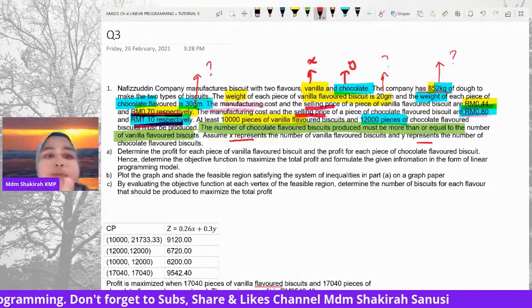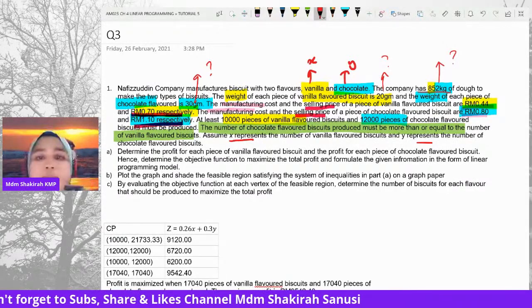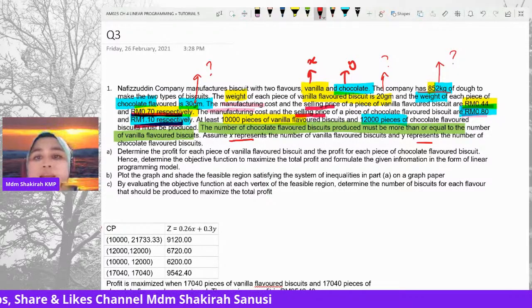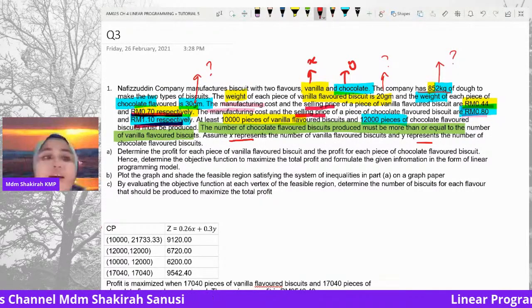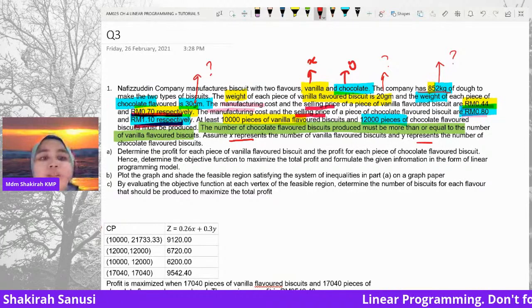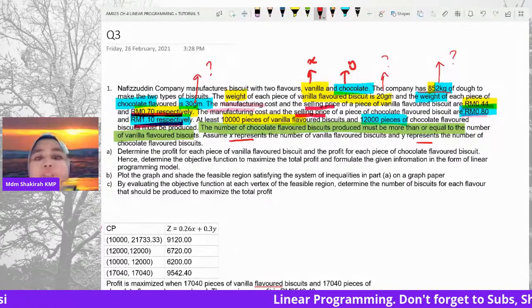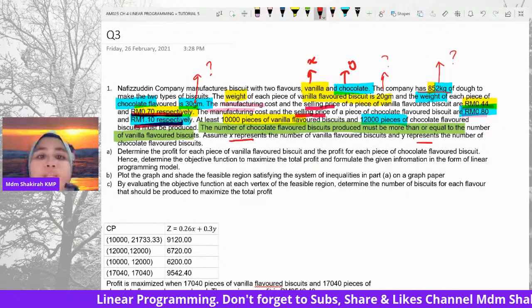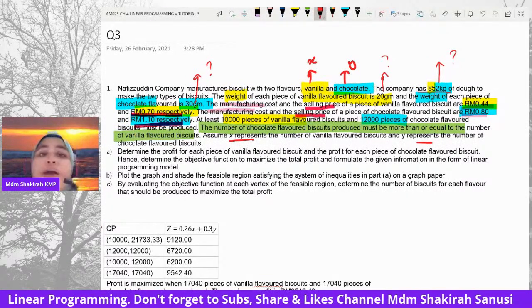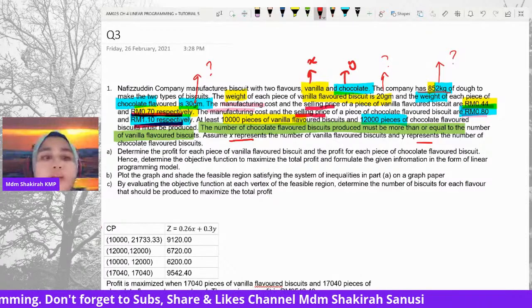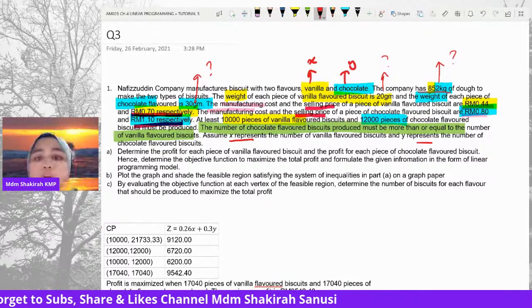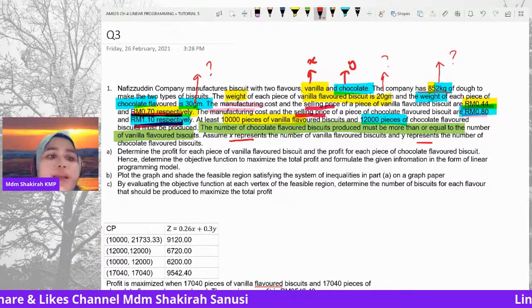The manufacturing cost and the selling price of piece of vanilla flavor biscuits are 44 cents and 70 cents respectively. So kat situ kita cerita pasal kos pembuatan, manufacturing cost, harga jual, selling price. And juga untuk chocolate flavor 80 cent and RM1 10 cents.